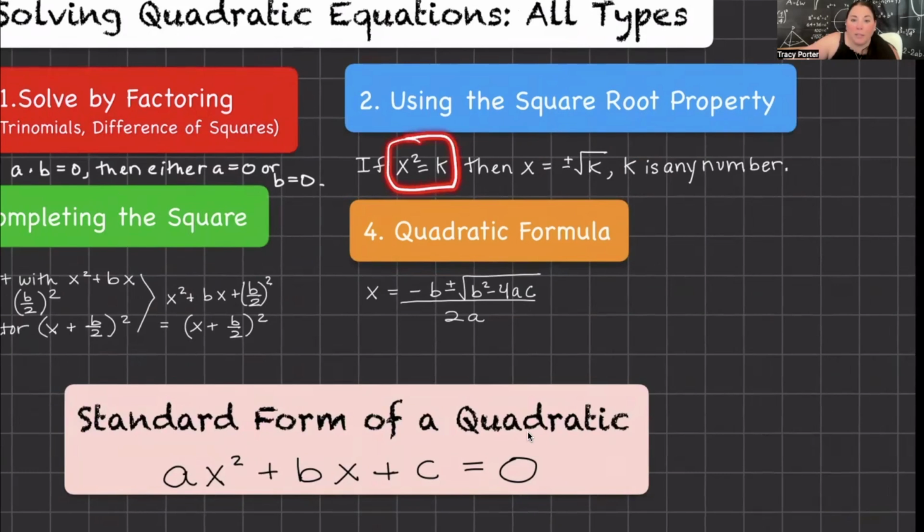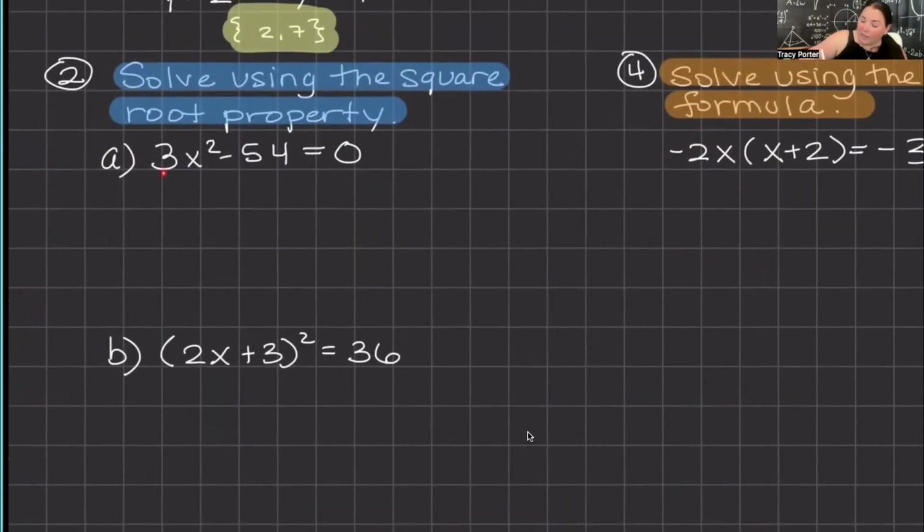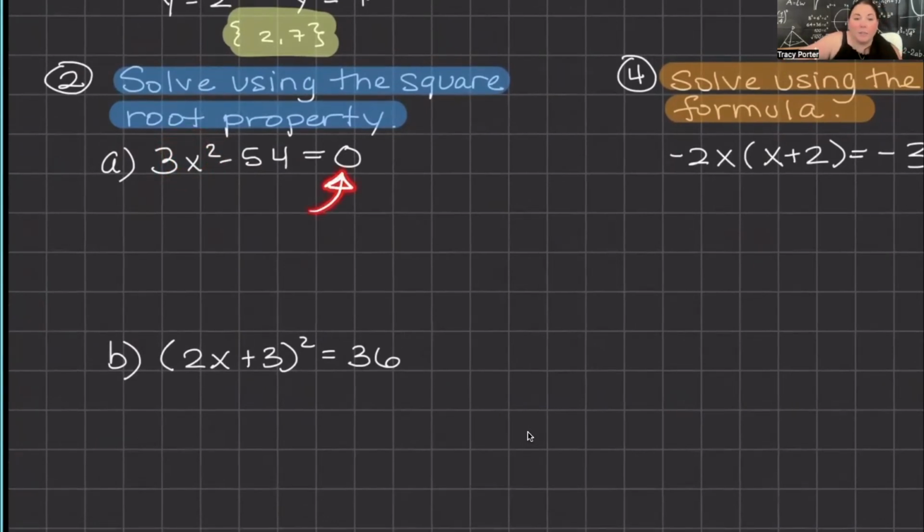That's the format that you're trying to start with. So not standard form on this one. Something squared equals some number. So if we look down here, you can see here's our something squared, right? The x squared. And so if we need the number on the right, we're going to add over the 54.